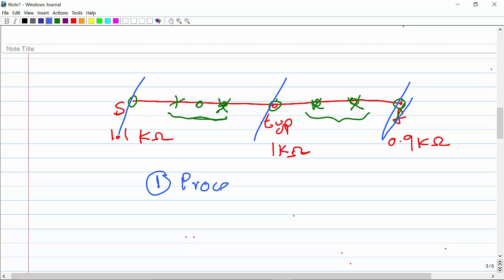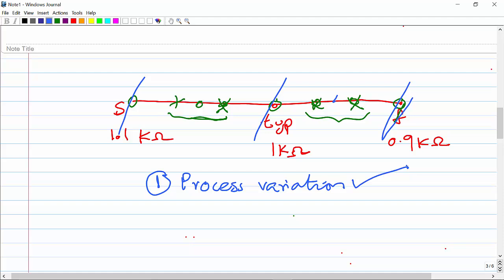That is, we can simulate the process variation in between the corners, anywhere between this corner and this corner. This is the one simulation that is available in the Monte Carlo simulation.